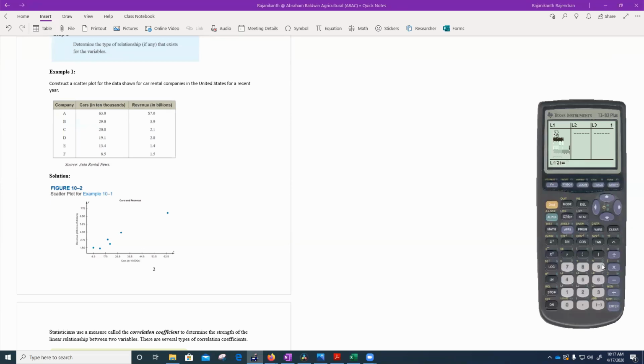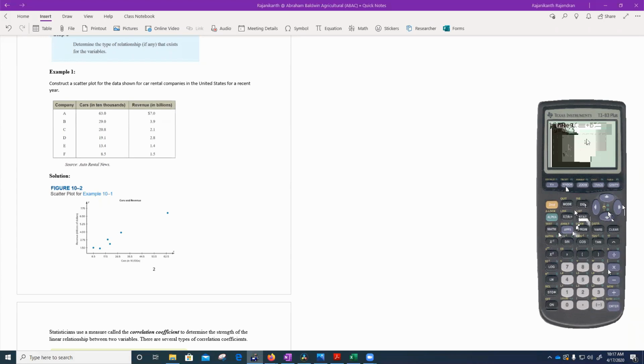Then let's move to my y values: 7, 3.9, 2.1, 2.8, 1.4, and 1.5. So first enter all the values of x and y. Then go to stat again, calc, number 4.